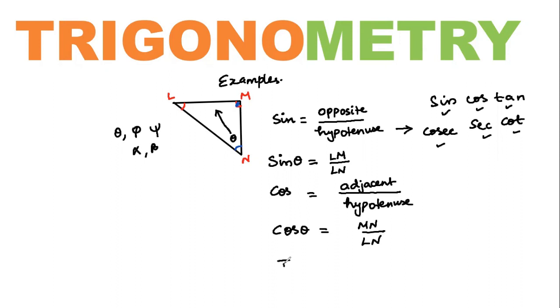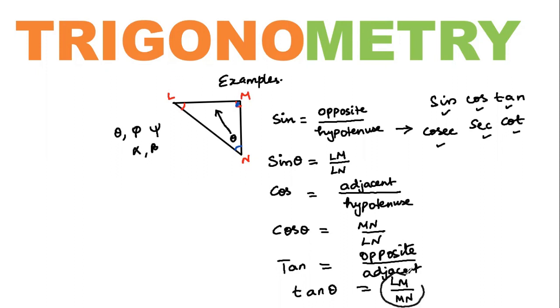Similarly, tan is opposite over adjacent. So when we derive the ratio of tan theta, we get the two sides as LM over MN. So these are the 3 things which you need to understand: sine, cos, and tan.